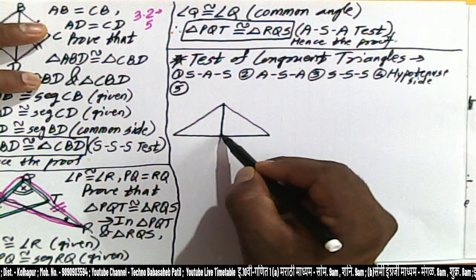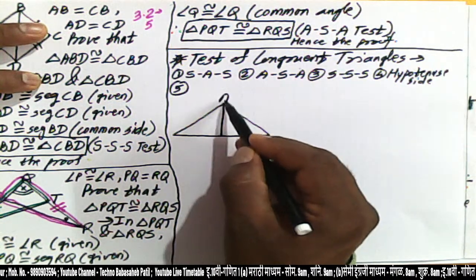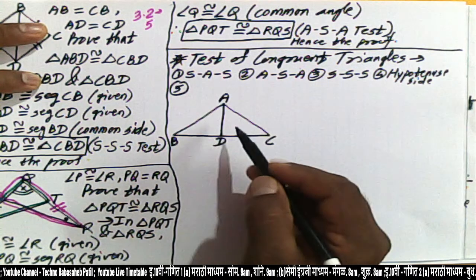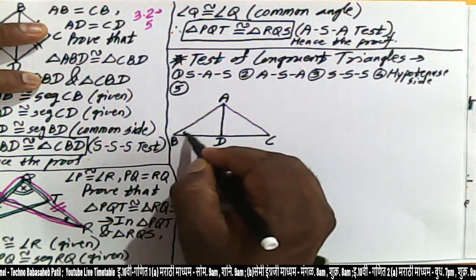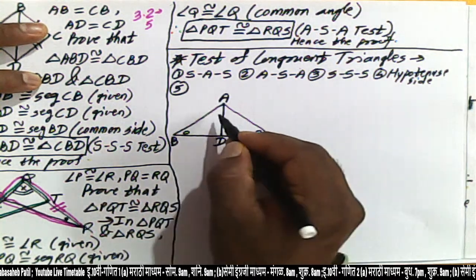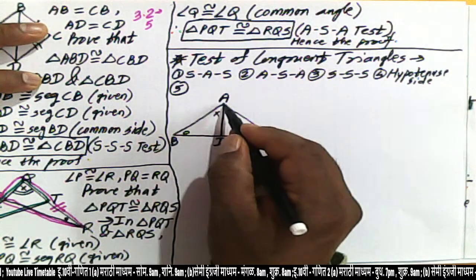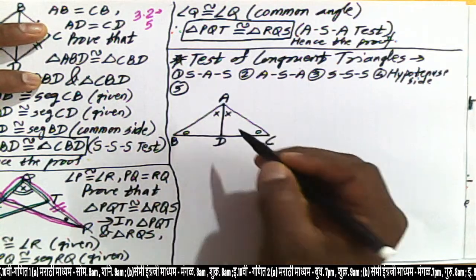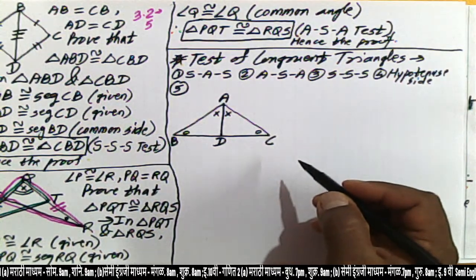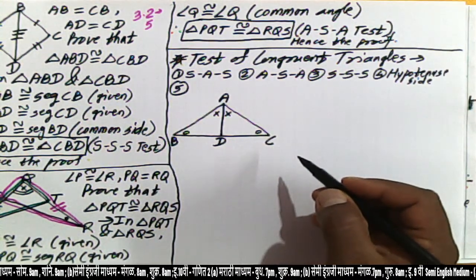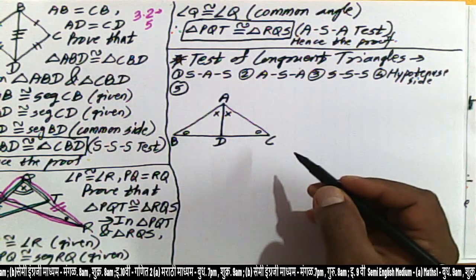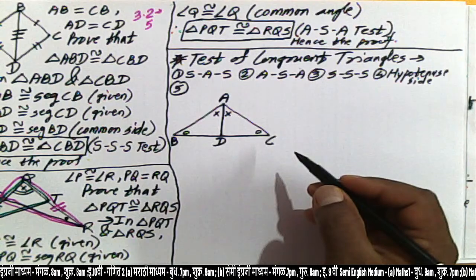There are two triangles, angle B congruent to angle C, angle BAD congruent to angle CAD, and the third condition we already get here. What is the third condition?